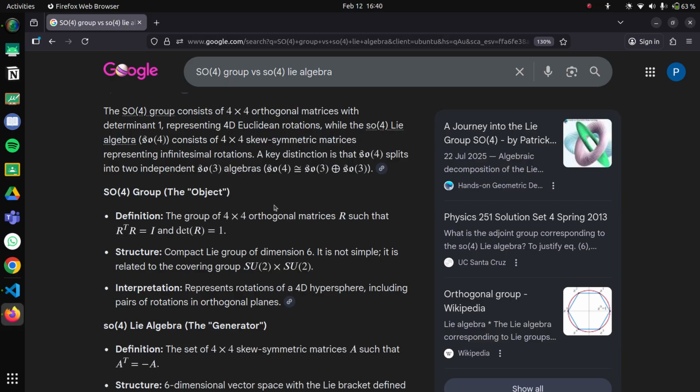If you're also defining addition, then the Lie algebra obviously consists of things which are not in the SO4 group. Right. Obviously, even the capital SO4 group itself has things which are not skew symmetric, but if you just have access to the Lie algebra operations, the Lie bracket and the addition, we're only going to get skew symmetric stuff. So yeah, that's just a messed up thing, isn't it?